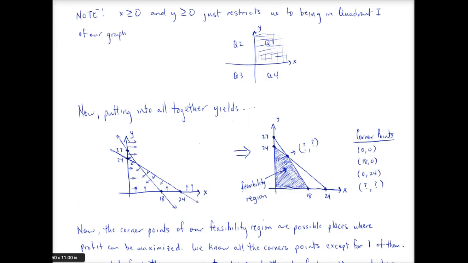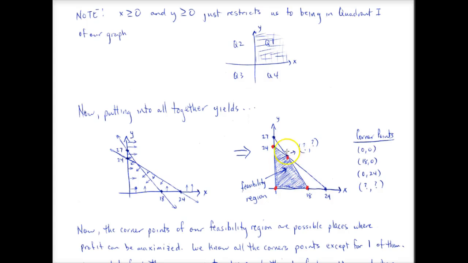All right, so now that we have all that cleared up, and we're not considering that other constraint, x less than or equal to 15, this is what our feasibility region would look like in that case, okay? And from that, we have these corner points. These corner points are the outside points that define the feasibility region. And in this case, it would be this point, this one, and this one.